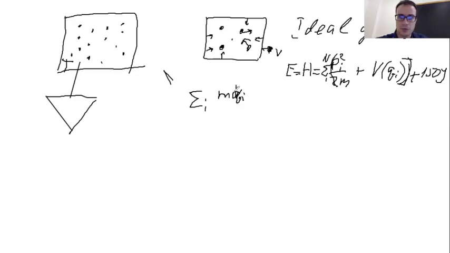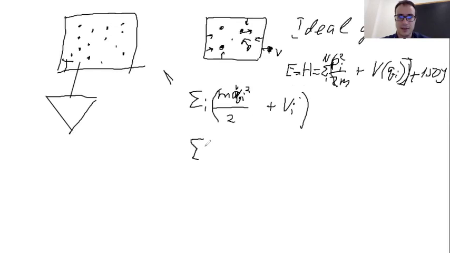Dot stands for time derivative. So the kinetic energy is m q dot squared over 2, plus V, let me denote this V of i, just not to write the q i.